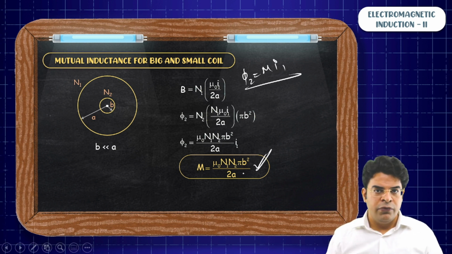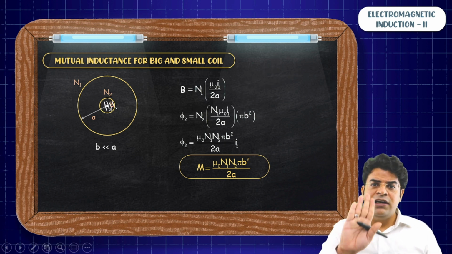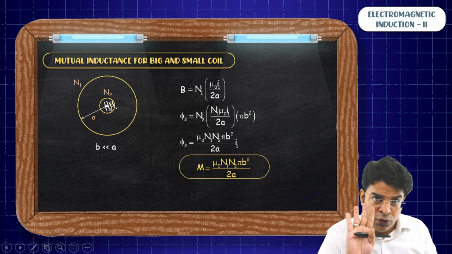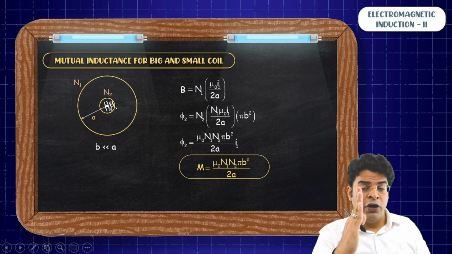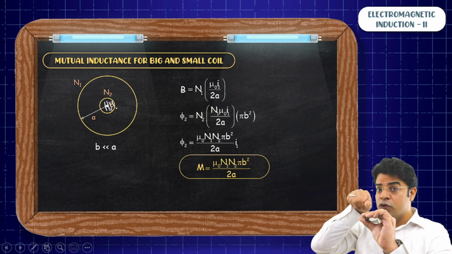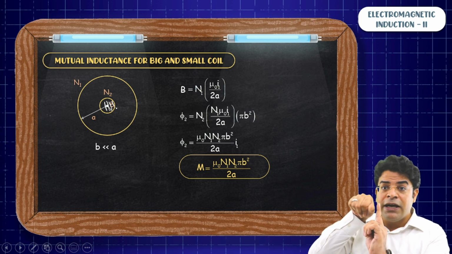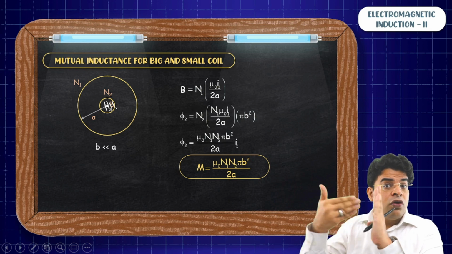I keep on writing. Do understand that if the smaller coil is placed in such a way that its plane is perpendicular to the plane of the bigger coil, then the bigger coil will produce a magnetic field at the position of smaller coil. But the area vector of the smaller coil will be perpendicular to this magnetic field. Hence the flux linked will be 0 because the magnetic field lines won't cross it.